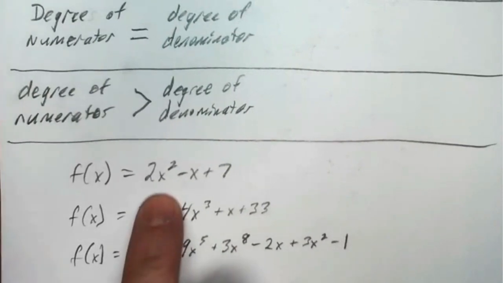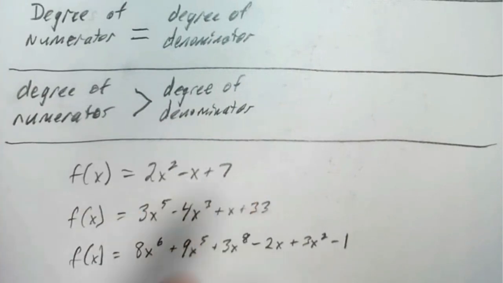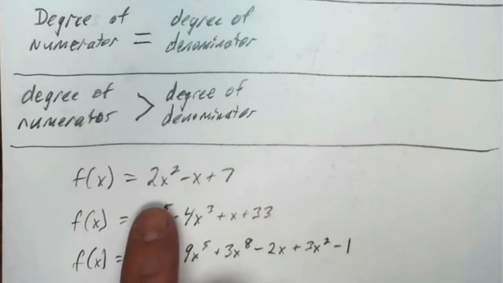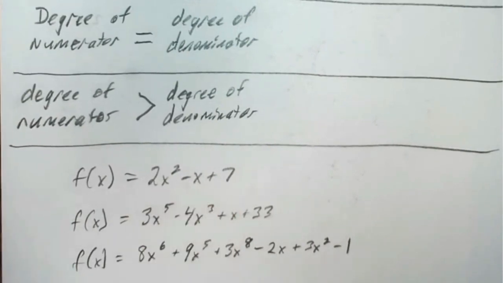Let's look at this function here. What degree function is this? Do you remember degrees? The degree of a function? f of x equals 2x squared minus x plus 7. Now we know that's a quadratic equation, but the degree of a function is the largest exponent.